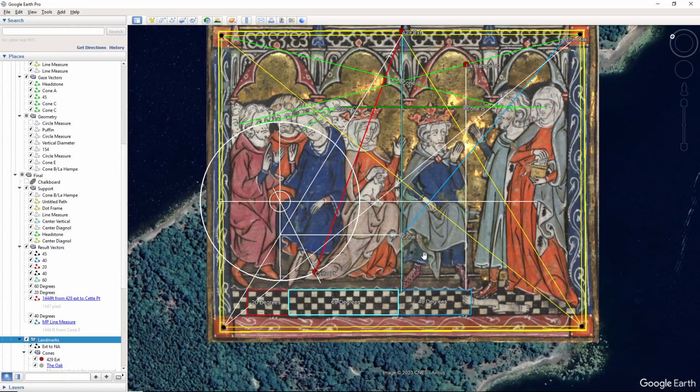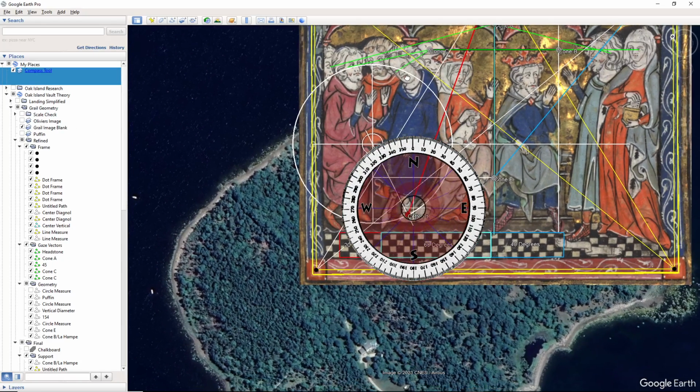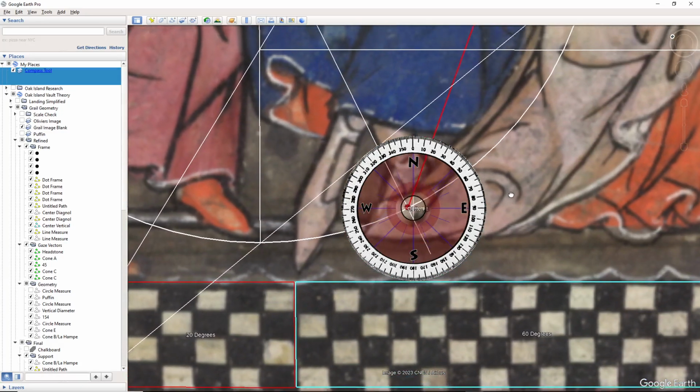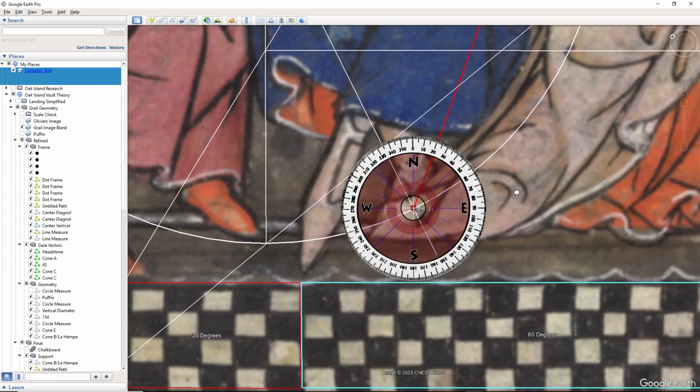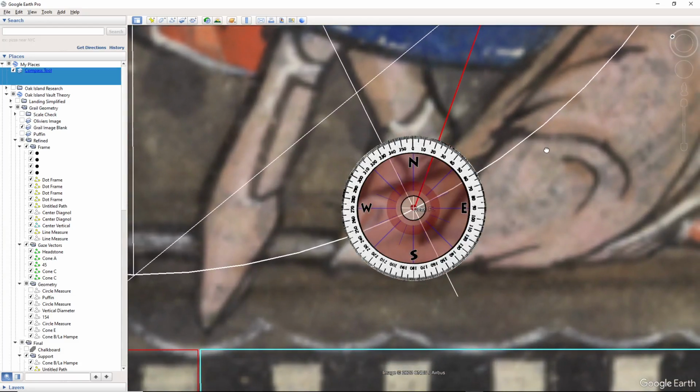Well, the interesting thing is that if you take the measurement and you measure into the set point, notice that this, I'll get it closer so you can see, it goes through 154.